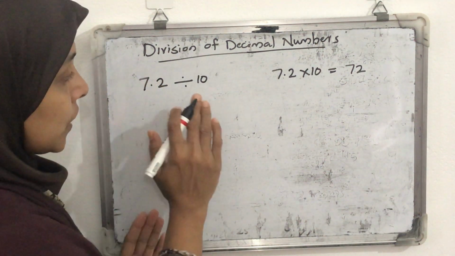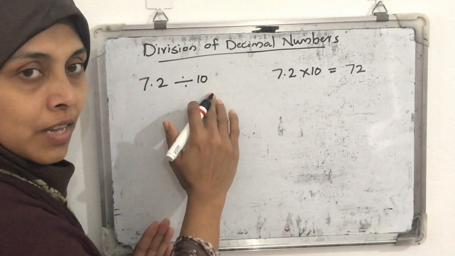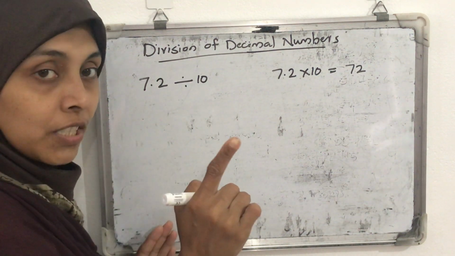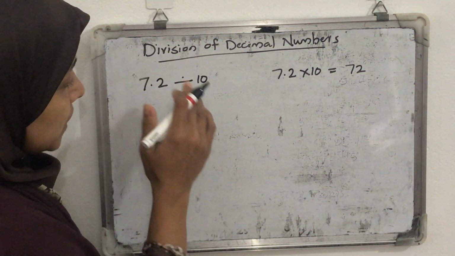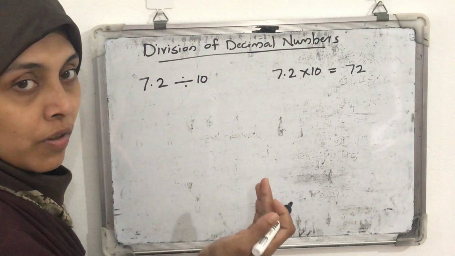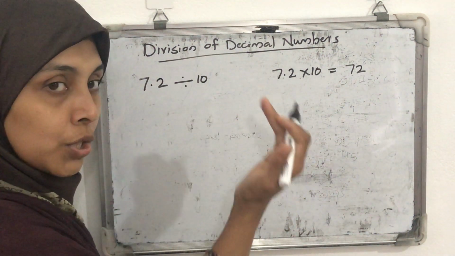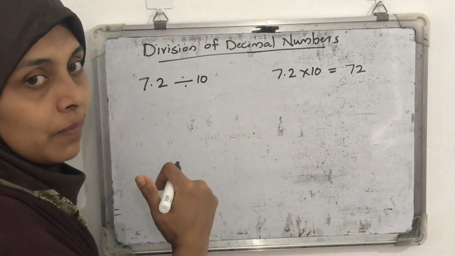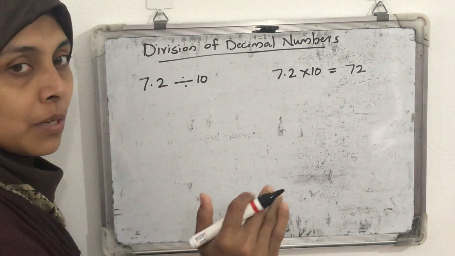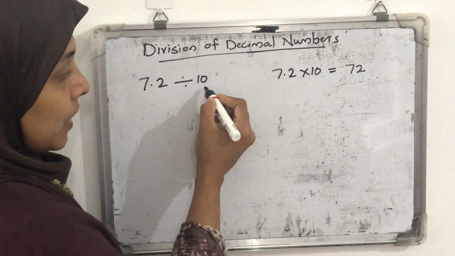So the reverse happens in the division case. Here also, first we count how many zeros there are. After 1, there is only 1 zero. So that many places we want to move the decimal point, and we shift it to the left side. That is the difference between multiplication and division.